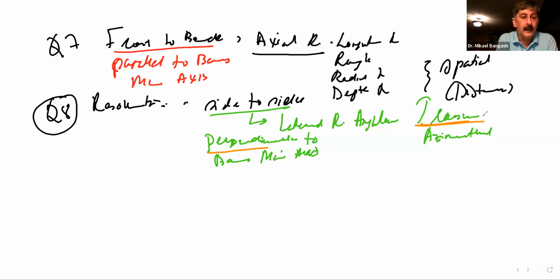Did you girls get that? So parallel to the beam's main axis is axial resolution. Perpendicular to the beam's main axis is what we call the lateral resolution.